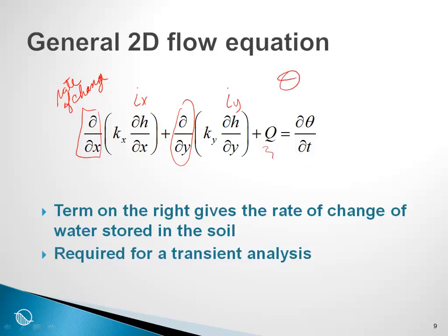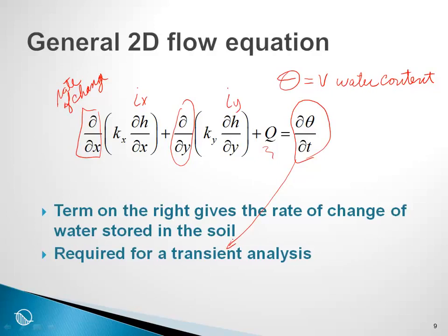This is the volumetric water content. Notice that it is volumetric and not gravimetric water content. So, in the end, it's the change in the volume of water within the soil with time. Now, as we will see, that this term on the right here is only required for a transient analysis.